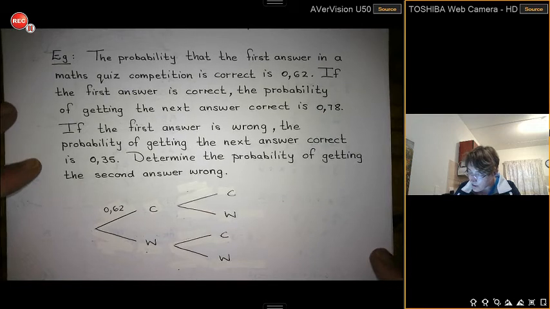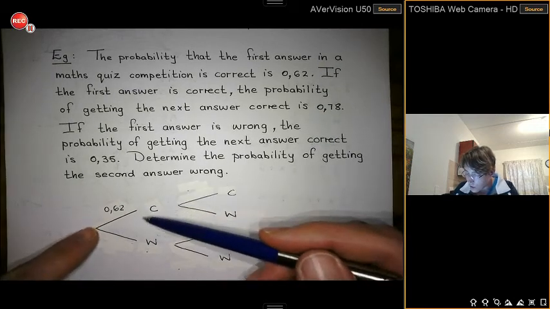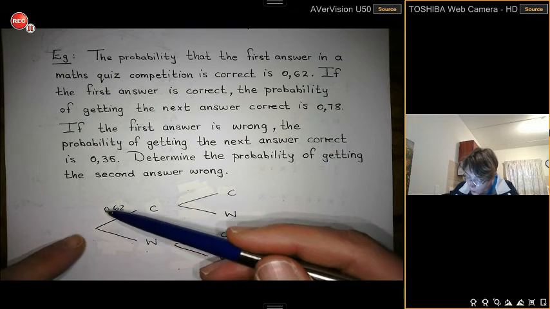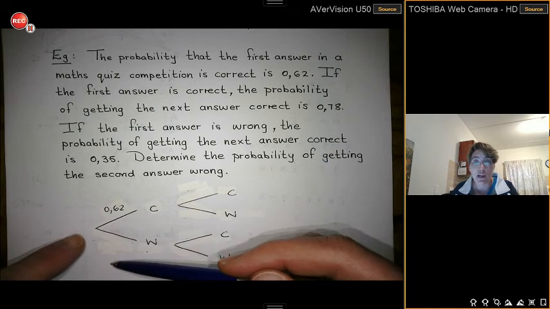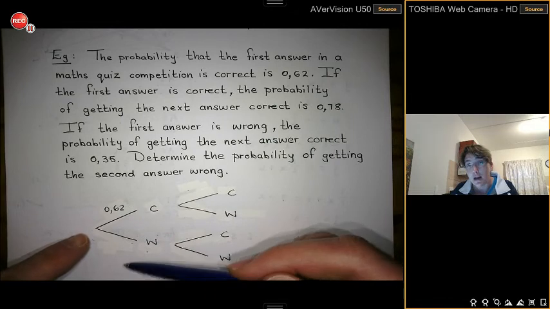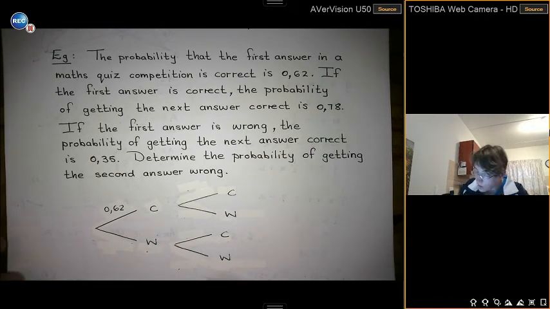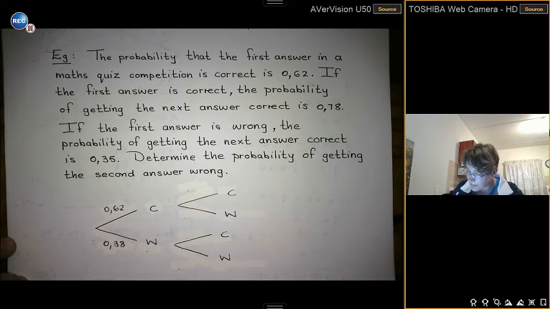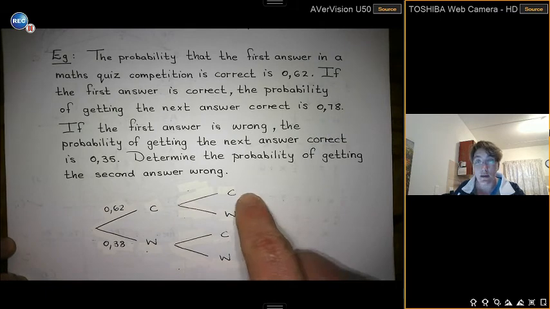If an event is split up into 3 possible outcomes, for instance, then you have to add all 3 the branches' probabilities together to form 1. But very important, each one as it splits up has to add up to 1. Okay, so that is why if this is 0.62, this one is going to be 0.38. So as I said, if the first answer is correct, the probability of getting the next answer correct is then 0.78.